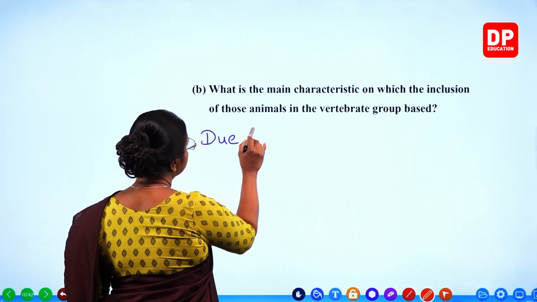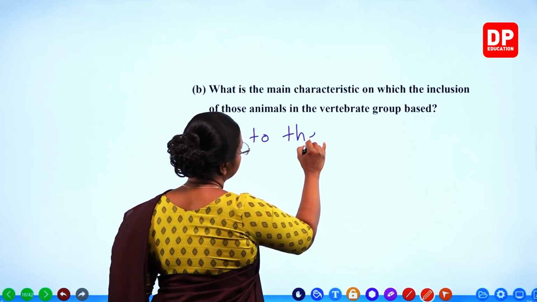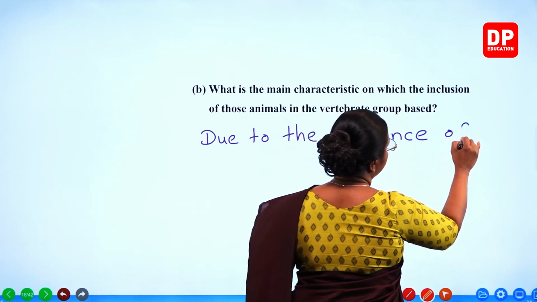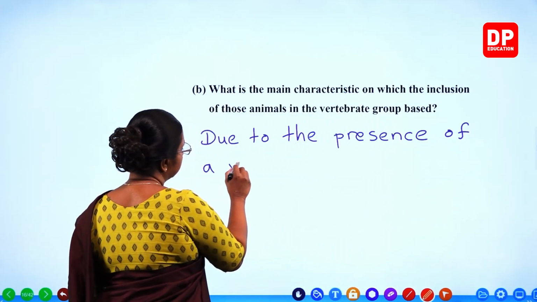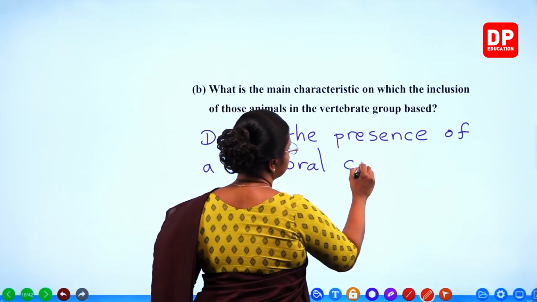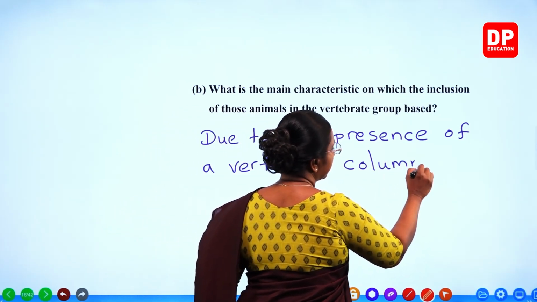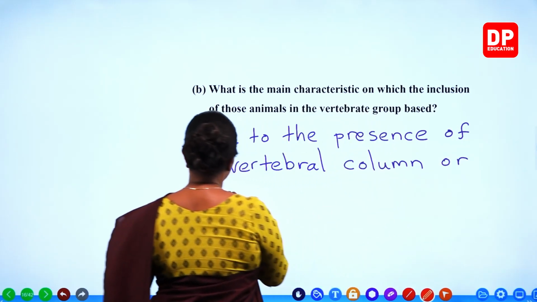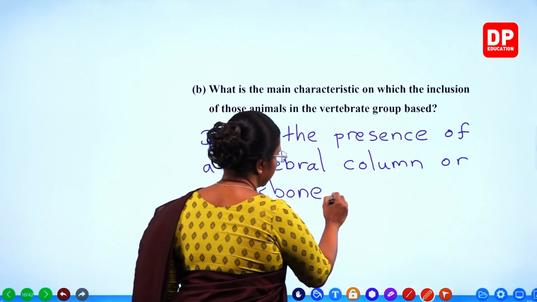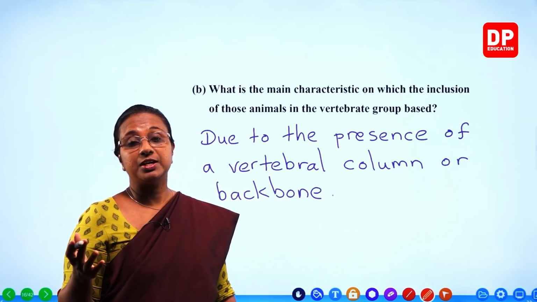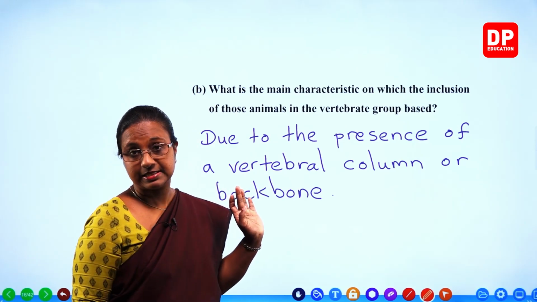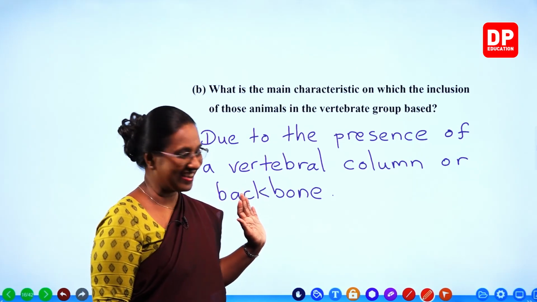Due to the presence of a vertebral column, or you can say backbone. Vertebral column and backbone refer to the same thing. So that is how we group them as vertebrates. I'm sure you all can understand that.